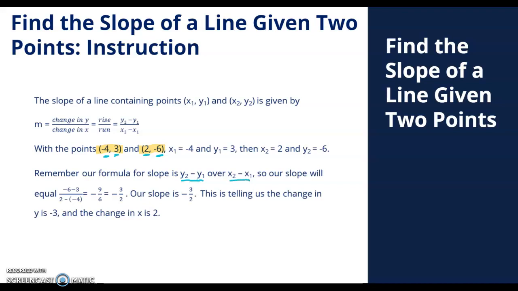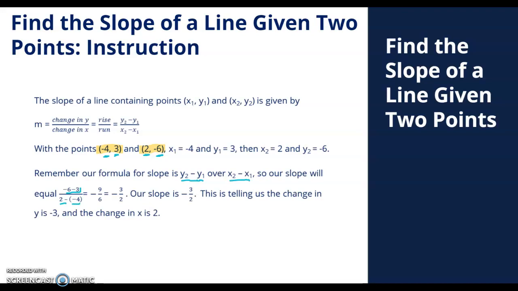So our slope for the line containing the given points here will be equal to, just subtract -6 and 3, so -6 minus 3 divided by the difference in the x coordinates, so that is 2 minus -4.